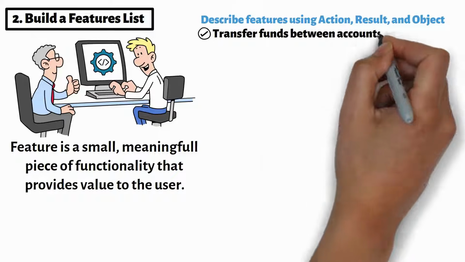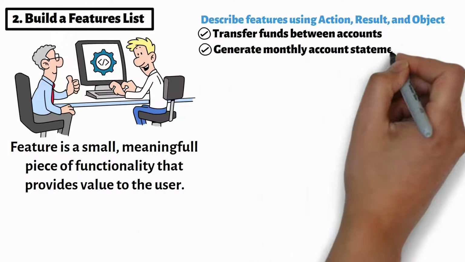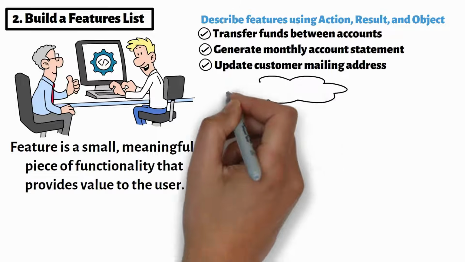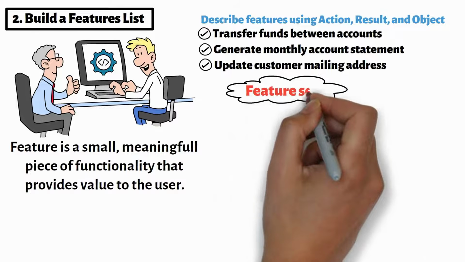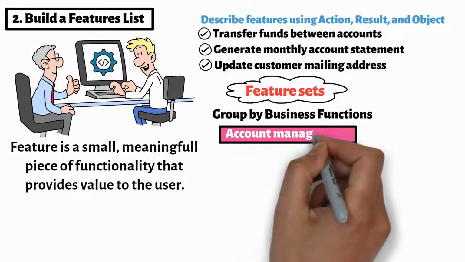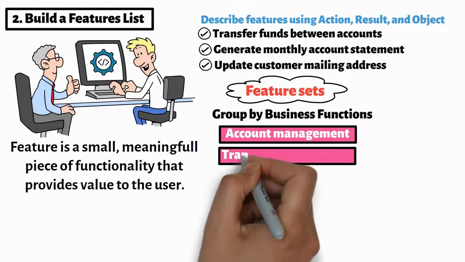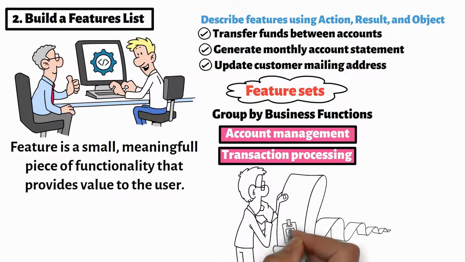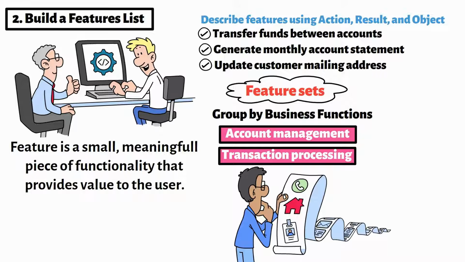Transfer funds between accounts. Generate monthly account statement. Update customer mailing address. These clear, client-valued features are grouped into feature sets, which organize the features by broader business functions such as account management or transaction processing. This activity results in a complete and structured list of all features that will be developed.